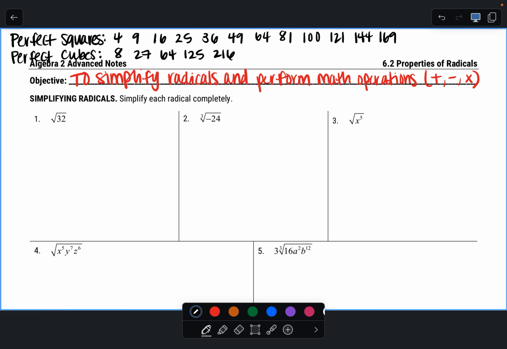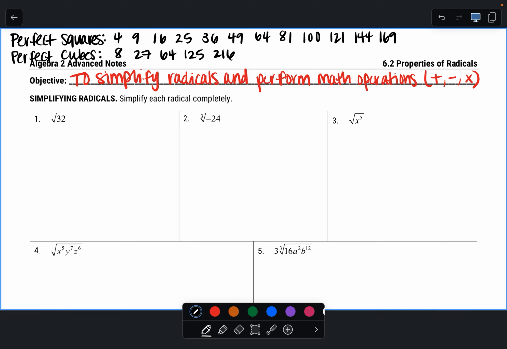It doesn't matter if I picked 4 as my starting value or 16 as my starting value. I still get the same thing in the end. And so as long as you are simplifying completely, we don't care which way you go. So either one works.